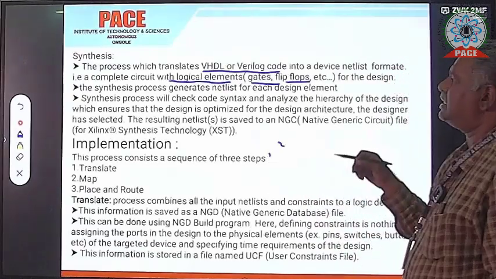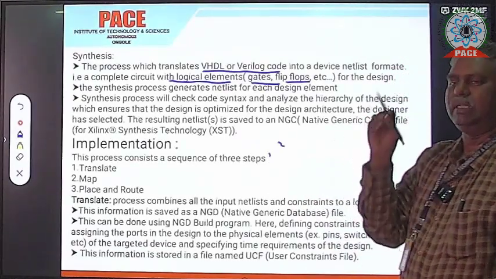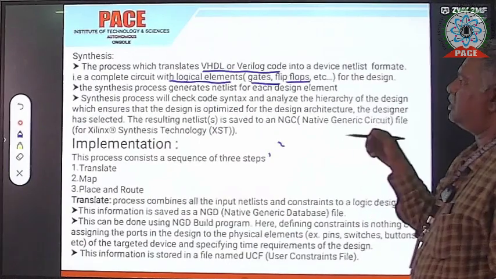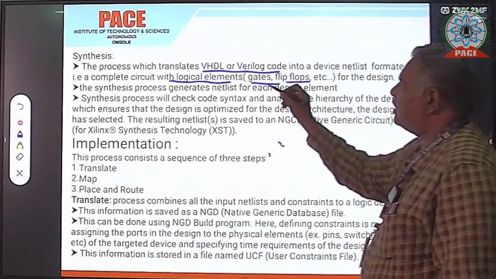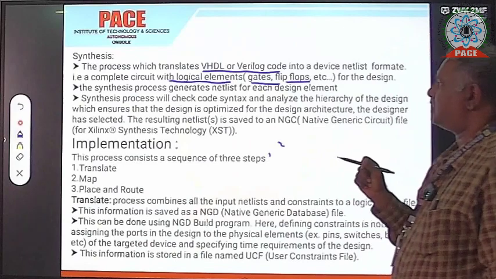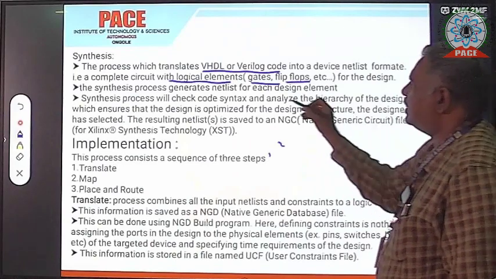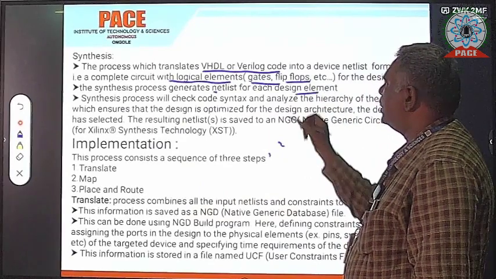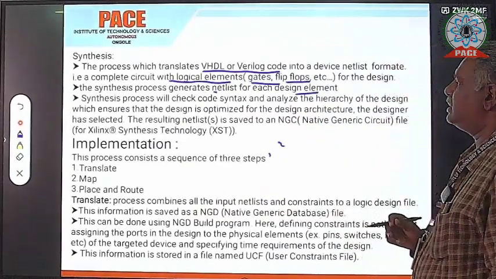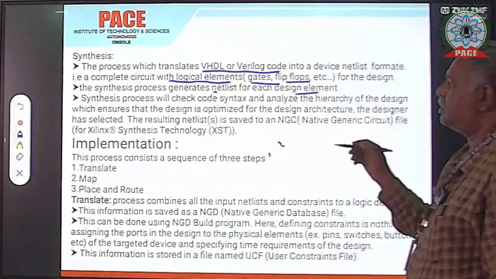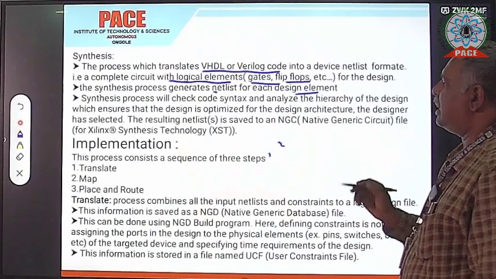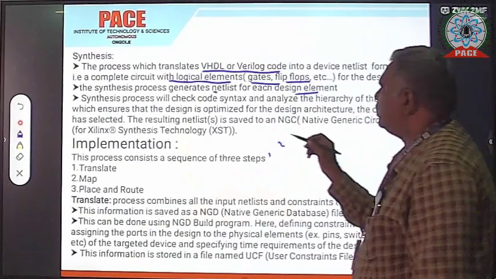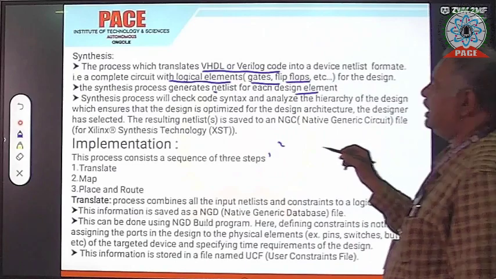So in the synthesis process, basically we are writing the program. The program is going to be translated into the form of gates and flip-flops, and it prepares the netlist for the entire design. So this is the process. For writing the VHDL or Verilog code, we are going to use Xilinx technology.